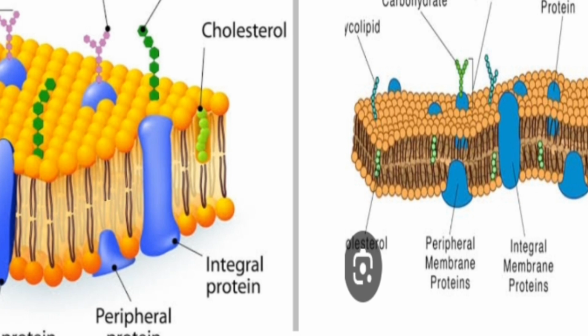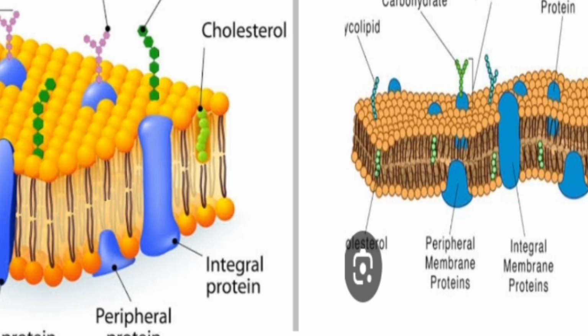In the fluid mosaic model, it was explained that polar substances such as sodium ion or glucose can penetrate the lipid layer of the membrane through the integral membrane proteins, and also by the mobility of the peripheral protein, which have the capacity to detach themselves from the membrane bilayer and bind to the polar substances, carry them across the lipid bilayer, and then transfer them into the intracellular fluid.